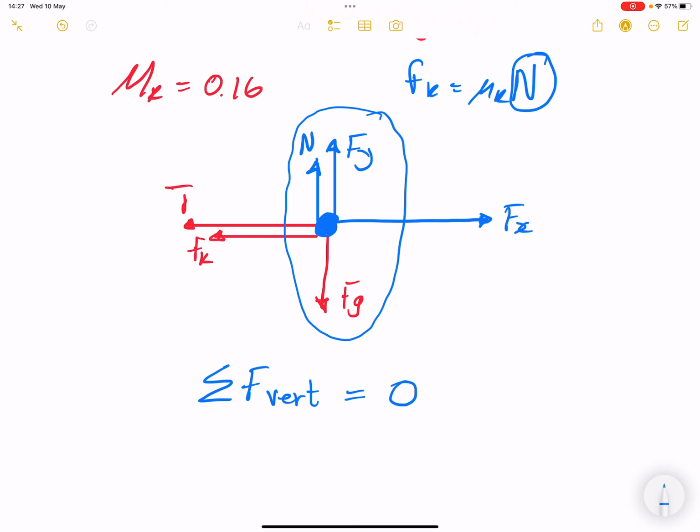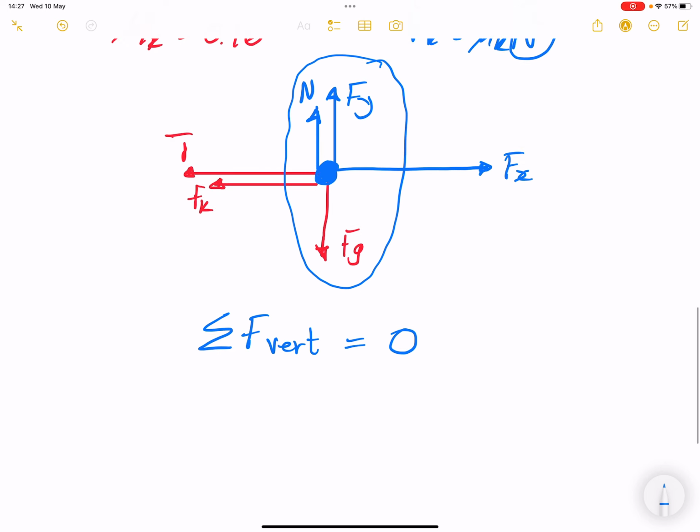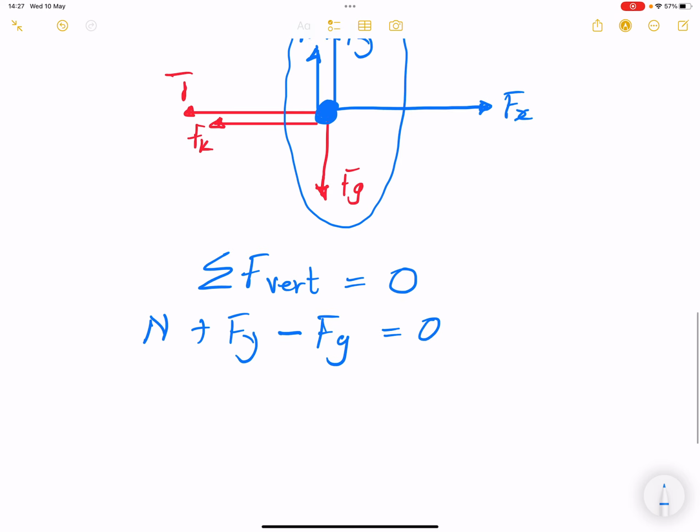Why? Because this particular block is not moving in the vertical dimension. So that will be the normal force plus Fy, and note both of them are acting upwards, minus the force of gravity, which is acting in the opposite direction. And all of these would give you 0.